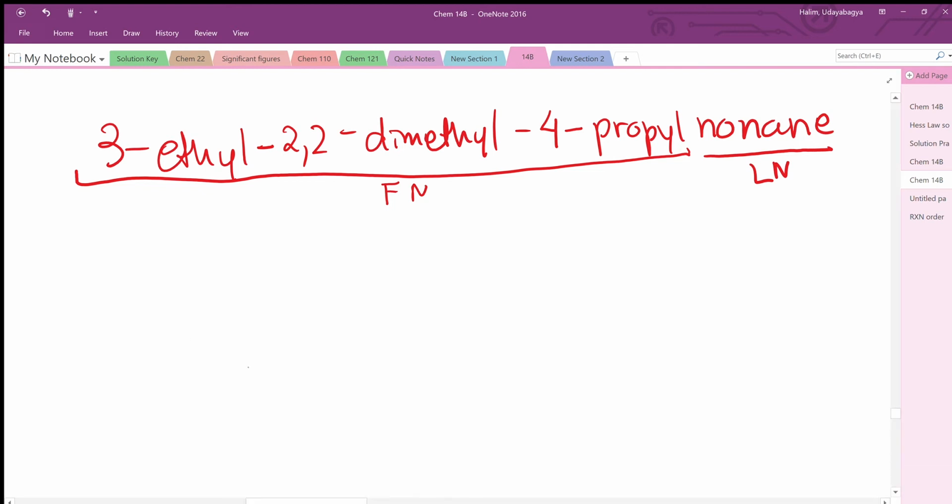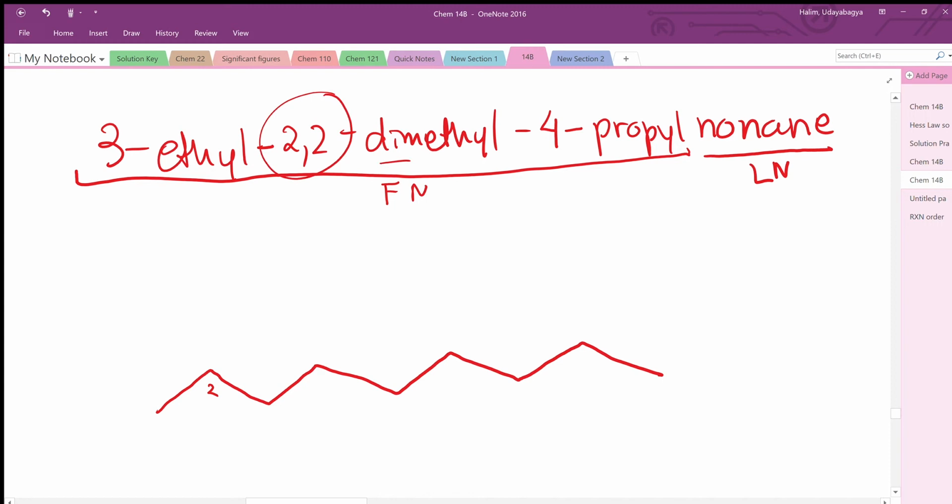So nonane is 9. So I'm just going to count 1, 2, 3, 4, 5, 6, 7, 8, 9. And I'm just going to go position number 2. There's a dimethyl. So position 2, there's 2 methyl. Position 3, there's an ethyl group. And position number 4, there's a propyl, which is 3 carbons.